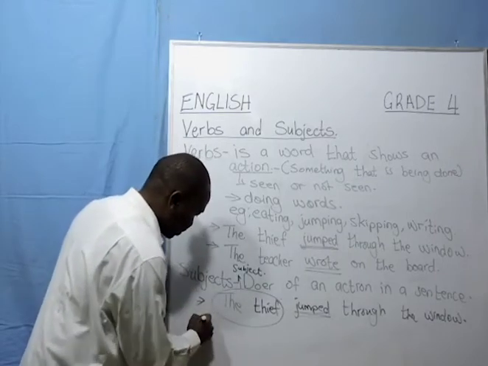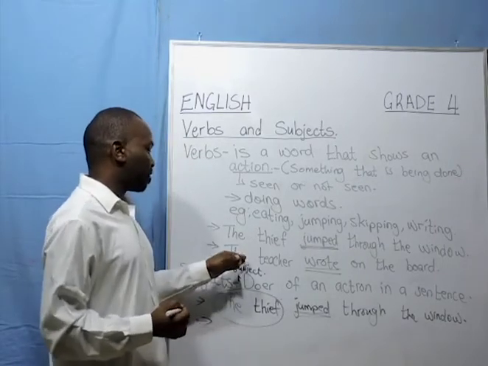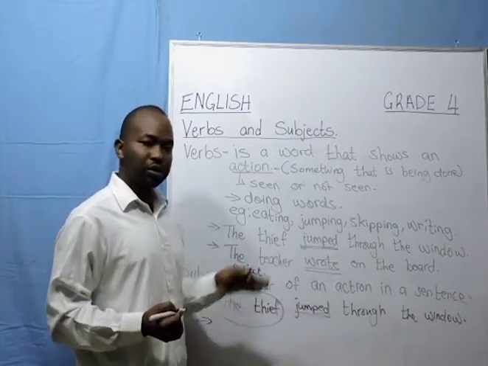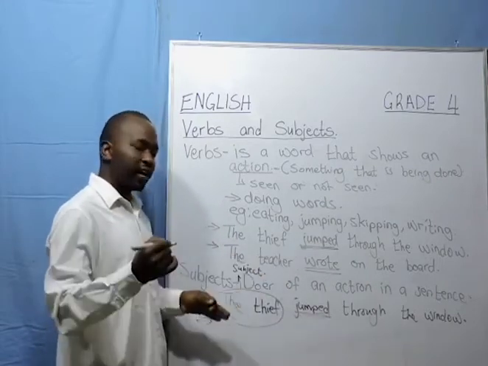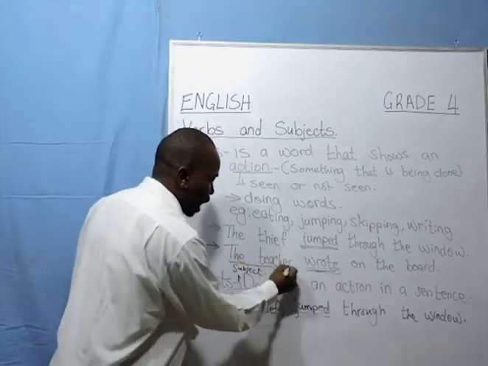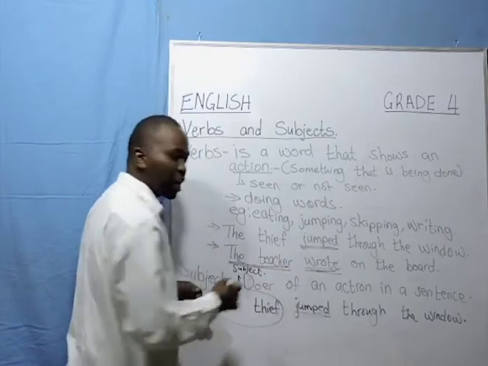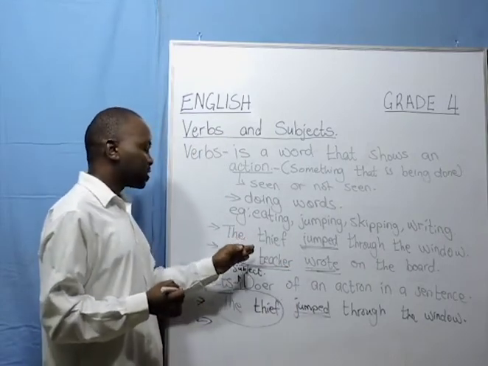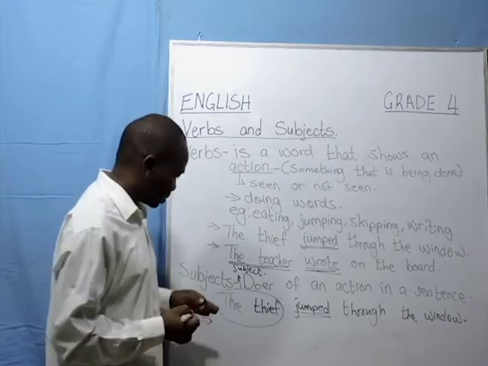Another example, like the one we have on the board here of the teacher. The teacher wrote on the board. Who is the doer of this action? It will be the teacher. And therefore, the teacher becomes the subject in that sentence.